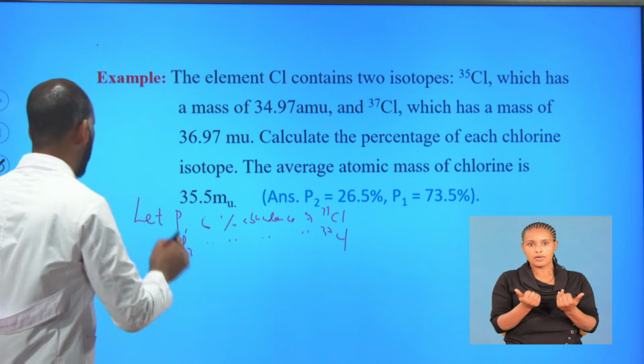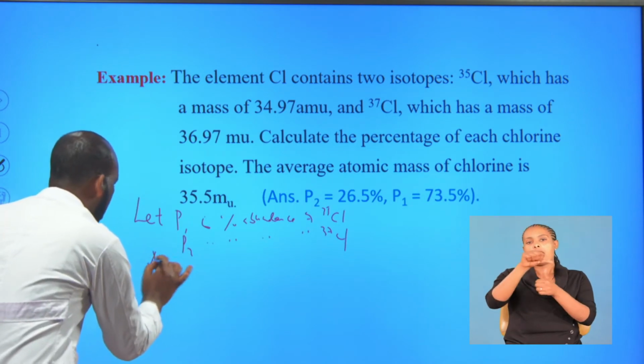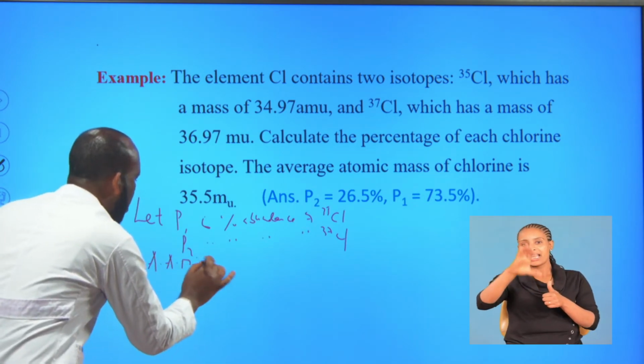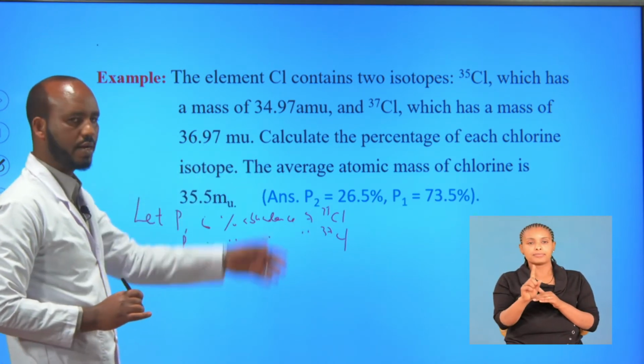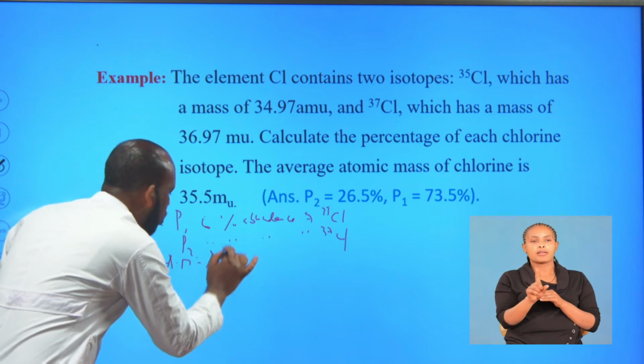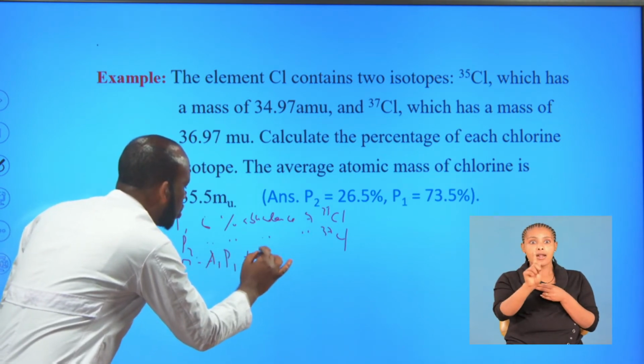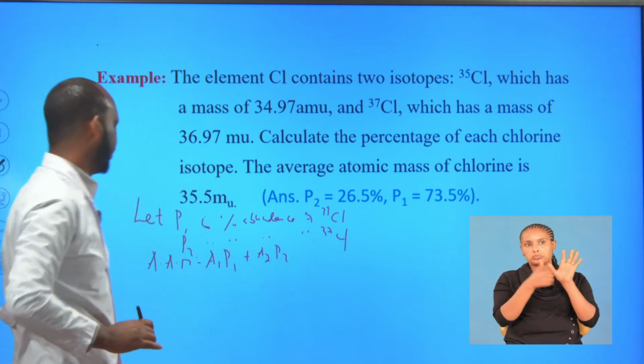Now, average atomic mass equals A1 times P1 plus A2 times P2.